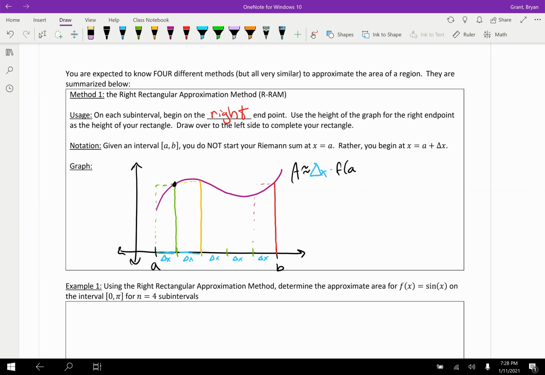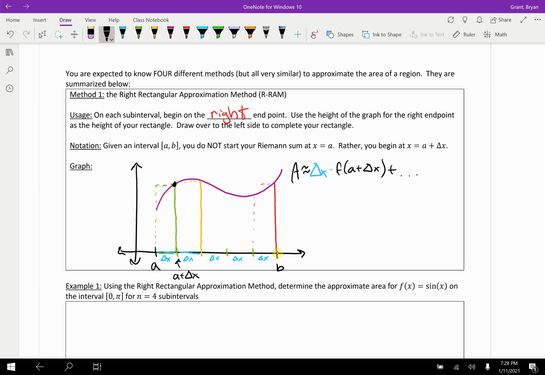So if you wanted the notation here, the height of my first rectangle is found by using the x-coordinate A plus delta x. A plus delta x, that's this x value right here. Delta x larger than A. And when you substitute it into f, it finds the height. This is a base, this is a height. We are very excited. Notice that I never used A here.